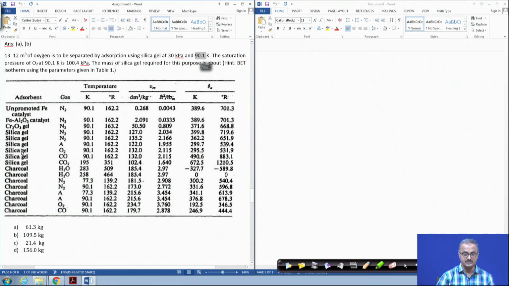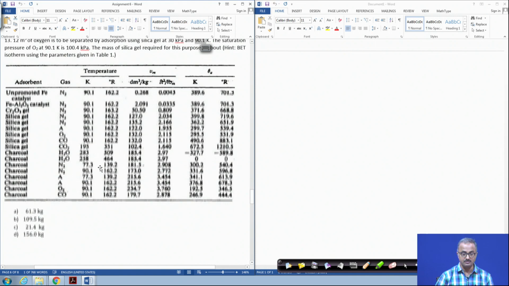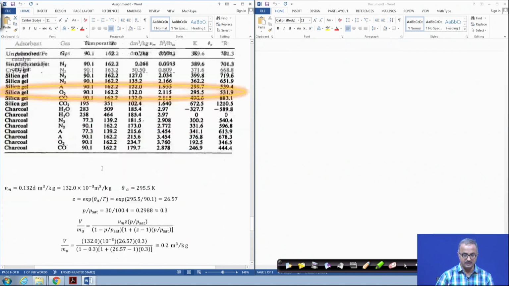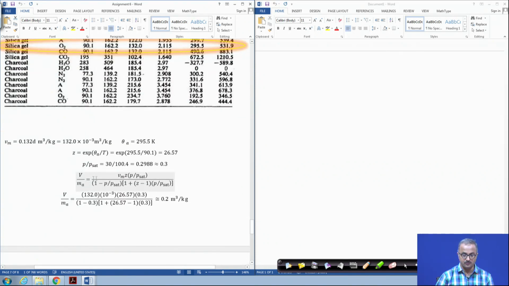After ascertaining that we have chosen the right adsorbent, the right type of solute and the right temperature, we simply go to the various parameter values needed for the application of the BET isotherm, and we take these values. This is the BET isotherm equation.